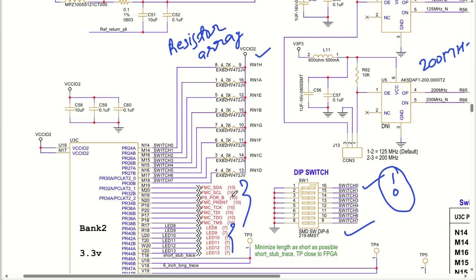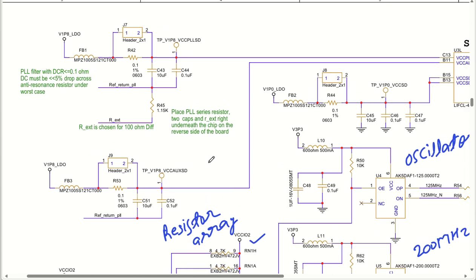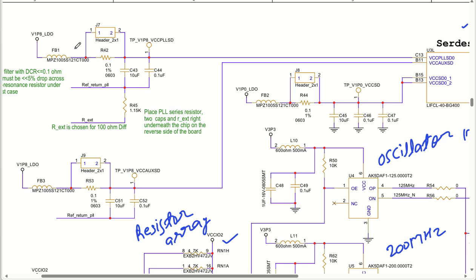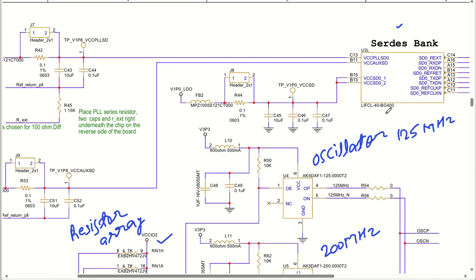Now coming back to the next part. If you come here, what we are seeing is, we have the LDO 1.8 volt and 1.8 volt here as well, and they are going to get connected to this deserializer bank of the FPGA. So VCC PLL SD and VCC AUX SD.